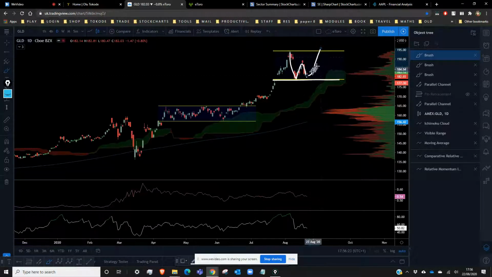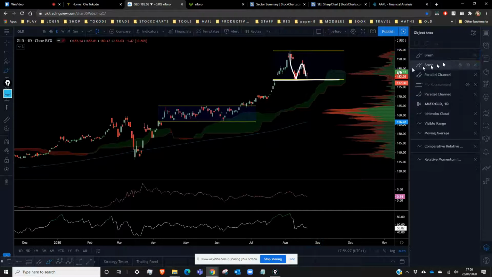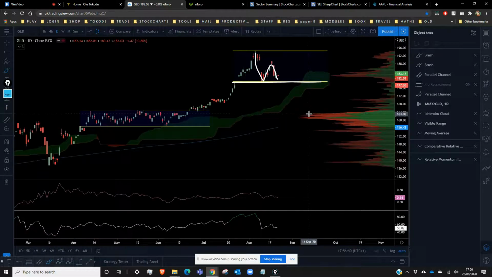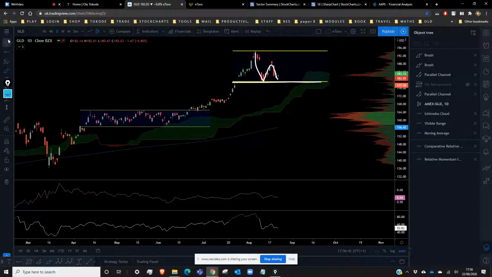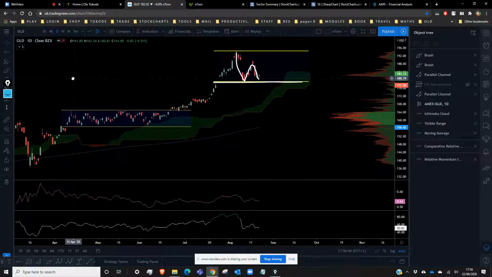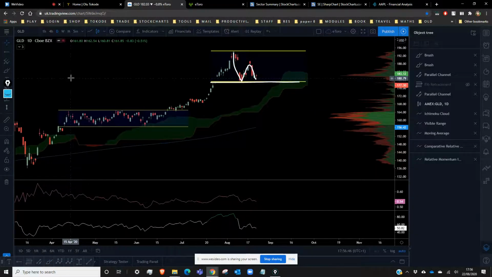If that doesn't happen, where is my next support? So if this support does not hold at 179, my next support is, let me see, if I pull the chart all the way back here, that's my value area.